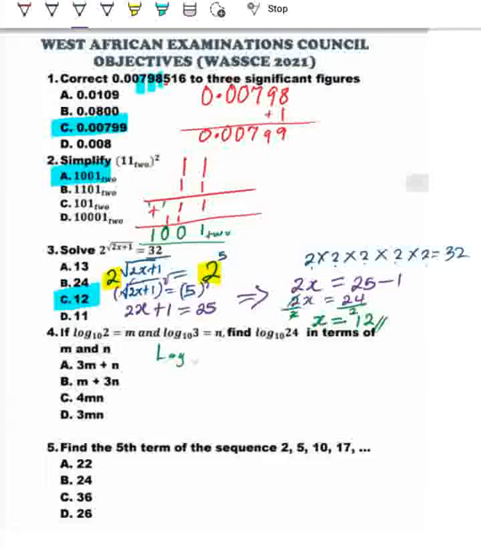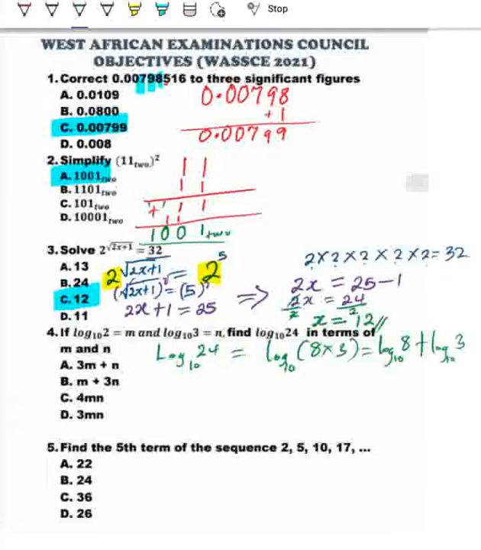Log 24 to base 10 is the same thing as log of 8 times 3 to base 10, which is the same thing as log 8 base 10 plus log 3 base 10.